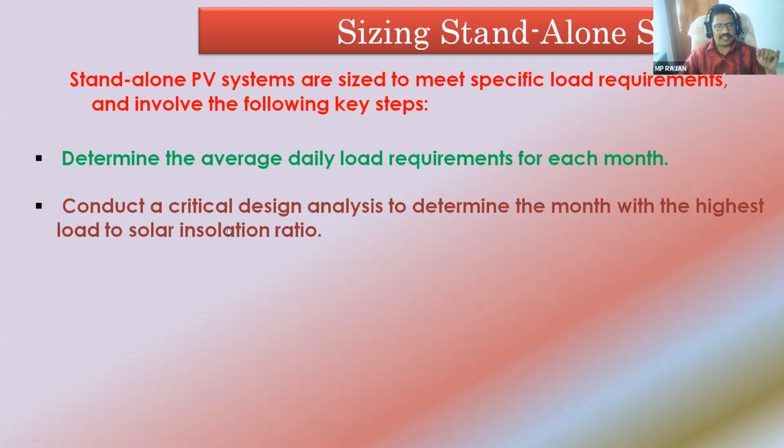Then conduct a critical design analysis. I will tell you in the next slide. Then you can determine which month we are having more requirement. There are two things in this. One is your load.